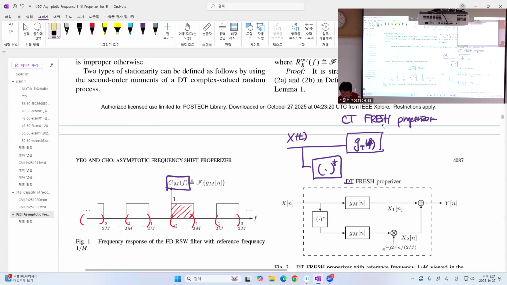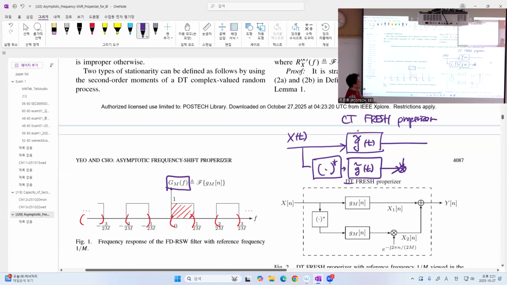Just a second. Here, in this paper, we only consider discrete time random process, but we may have continuous time version. And in that case, let me just use G tilde. Got it?